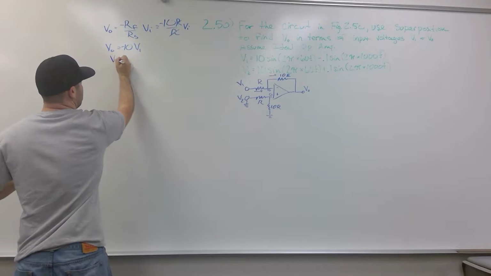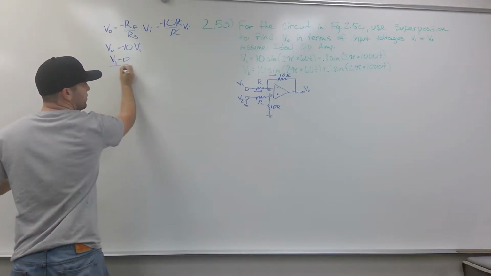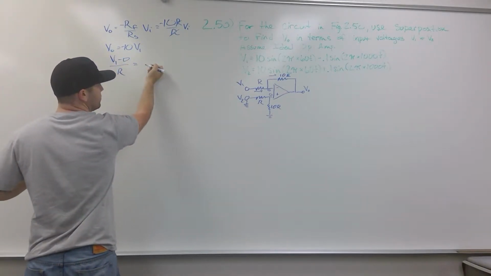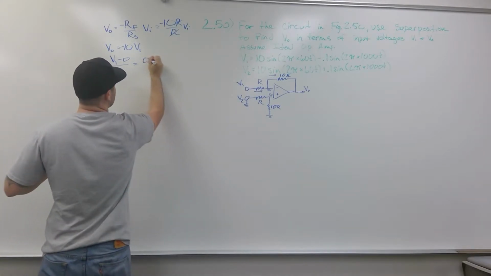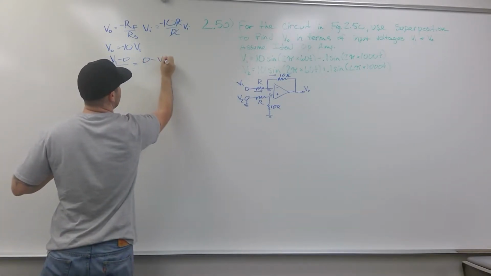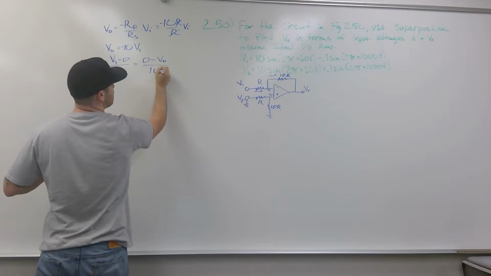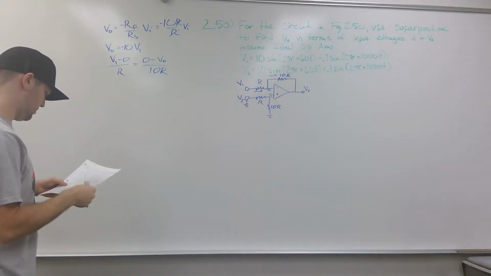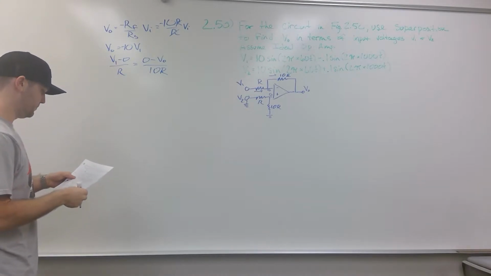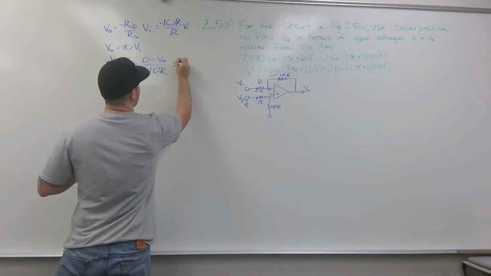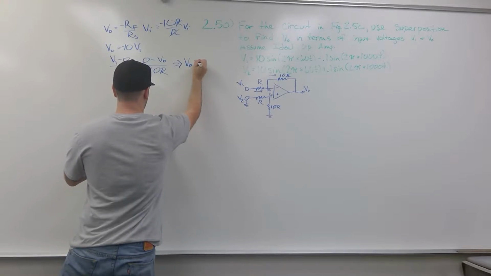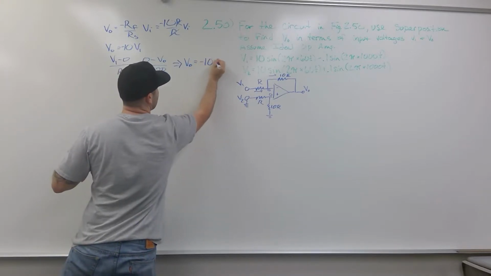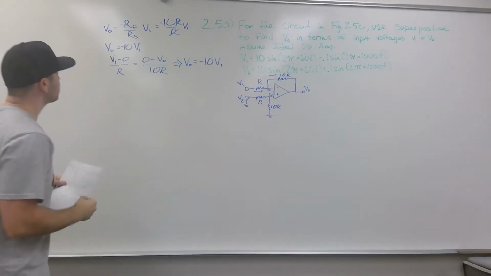That means V1 minus 0 over R is equal to 0 minus V out over 10R. And you can simplify that out to get V out equals negative 10 V1.